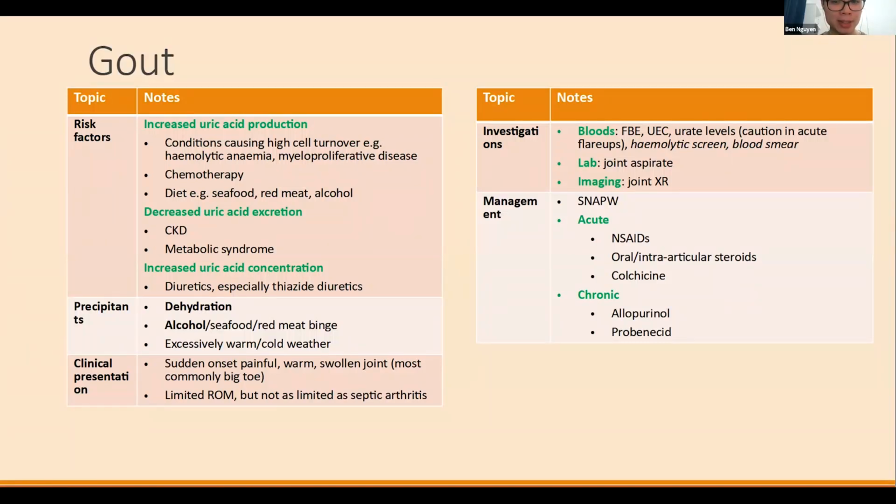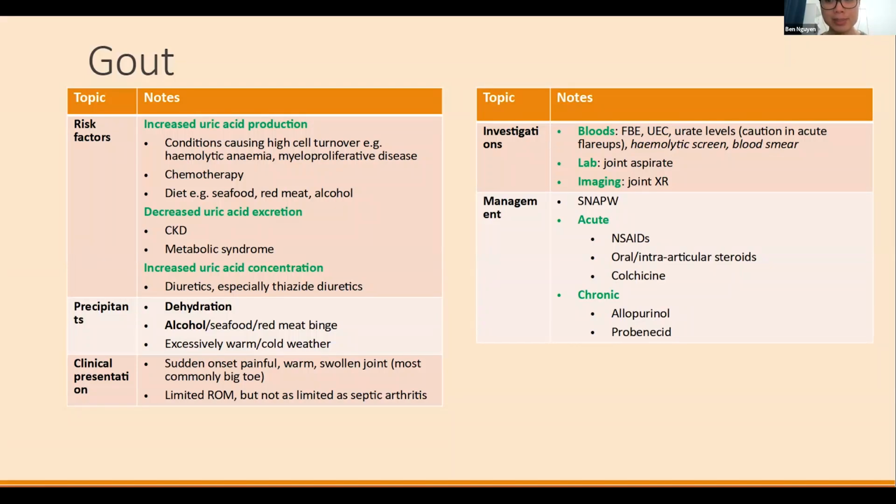So how they might phrase it in the exam is a patient on a background of CKD, he goes on an alcohol binge and then gets pain in his big toe. It's most commonly in the big toe because there's less circulation there because it's furthest away from the heart. So it's going to be colder there, which would predispose to crystal deposition and formation.